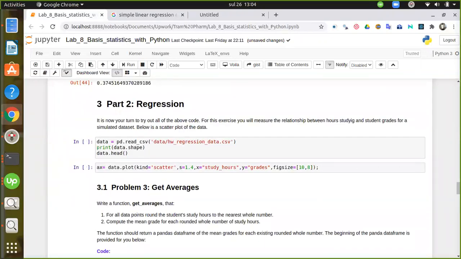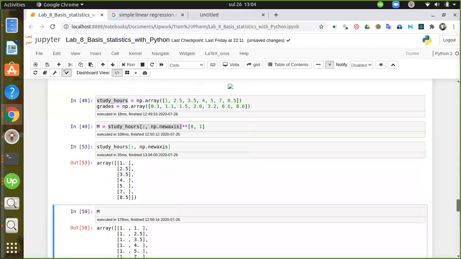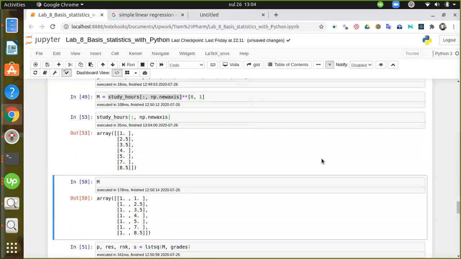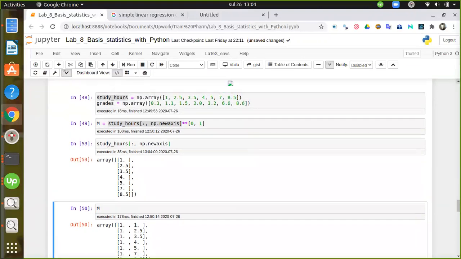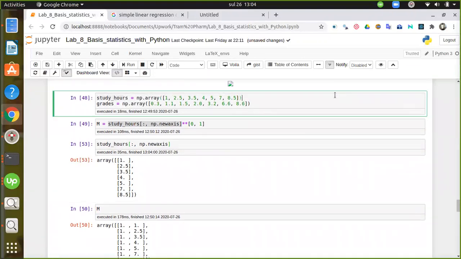Oh, okay. So basically, hang on. Can you show me again? Can you move up by one line, please? Line 48. Yes, one line upper here. Okay, let me analyze it a little bit. So you have the array 1, 2.5, 3.5.